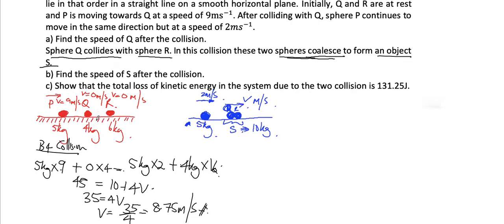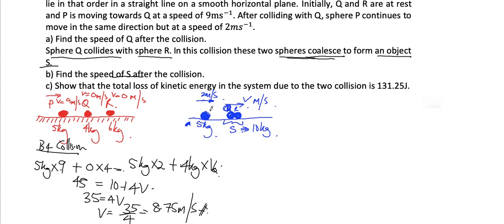The mass of Q is 4, mass of R is 6, so they join together and become a particle of 10 kg. So it's moving. Now we have to find the speed of S after collision. So let's do this.